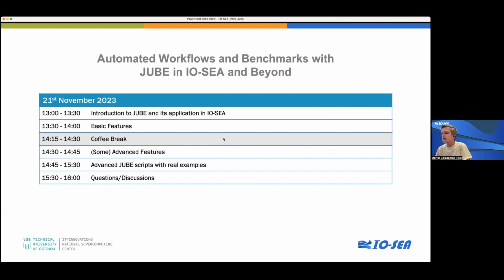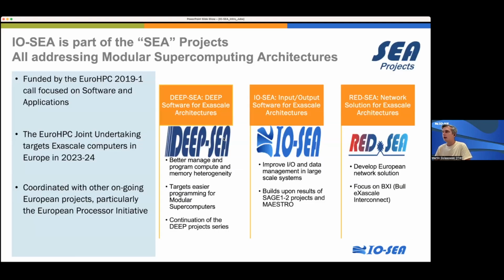The coffee break is at 2:15 p.m. and it will last for 15 minutes, up to 2:30 p.m. Central European time. And then we follow with the overview of some advanced features, and then real examples of JUBE applications, and the Q&A session will be at the end from 3:30 to 4 p.m.